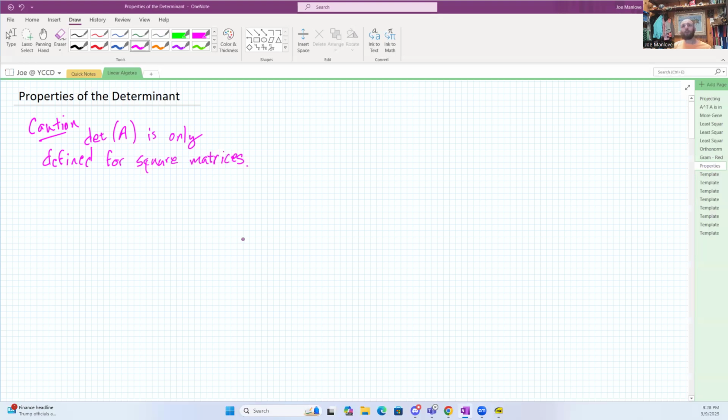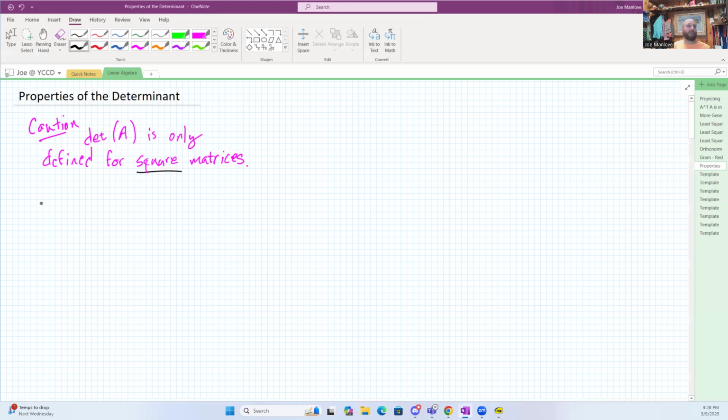That's it. Don't try to tell me about the determinant of a matrix that's not square. We don't do that. That's not going to be a thing that works. So we're going to have a bunch of ways to calculate determinants, but they're all going to be on square matrices. So square is the name of the game here.